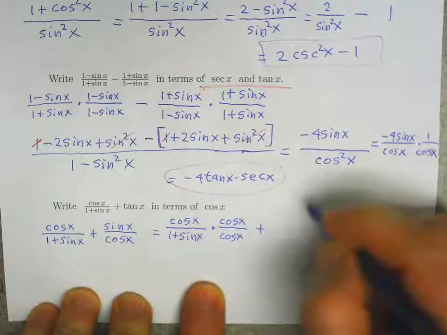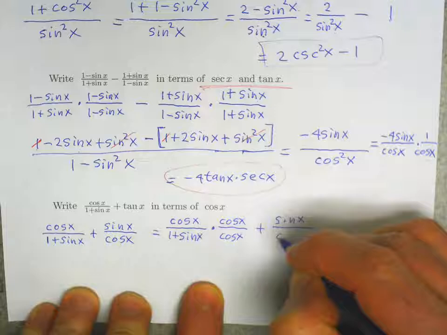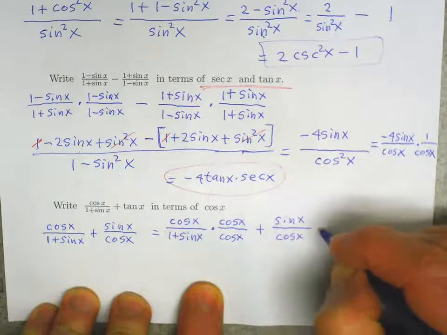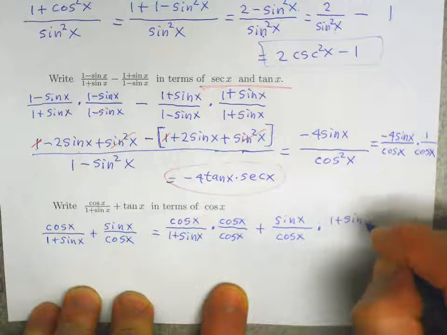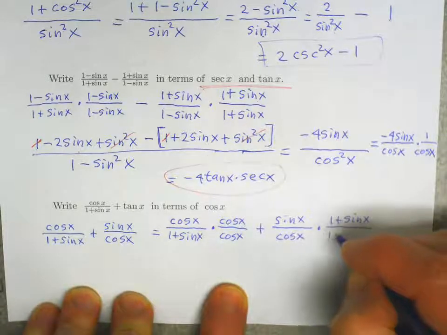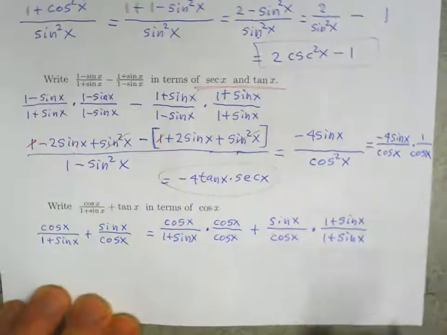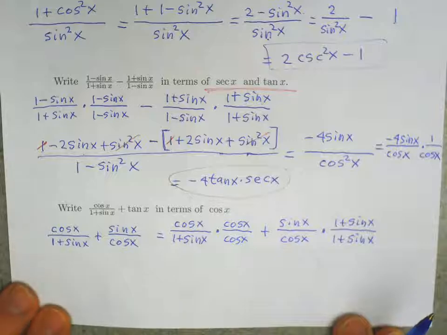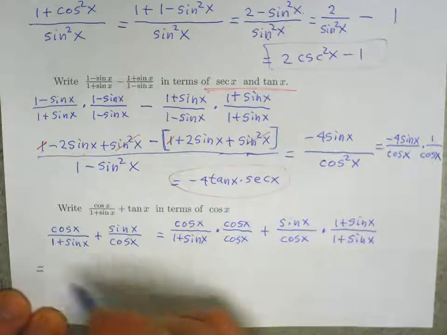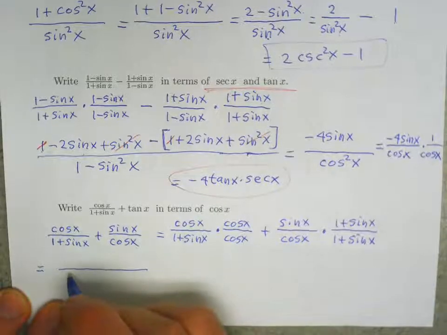And then we'll multiply sine of x over cosine of x by 1 in the form of 1 plus sine of x over 1 plus sine of x. Now we have a common denominator. I'm going to leave it in factored form for right now.